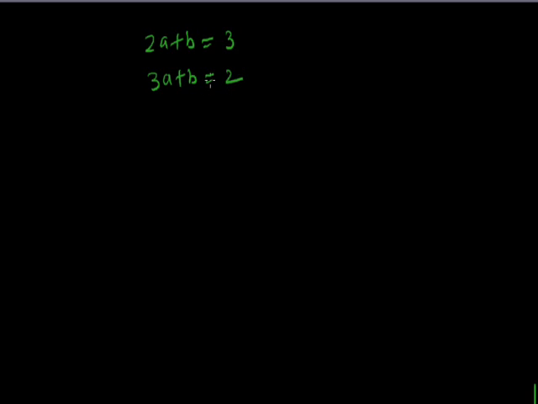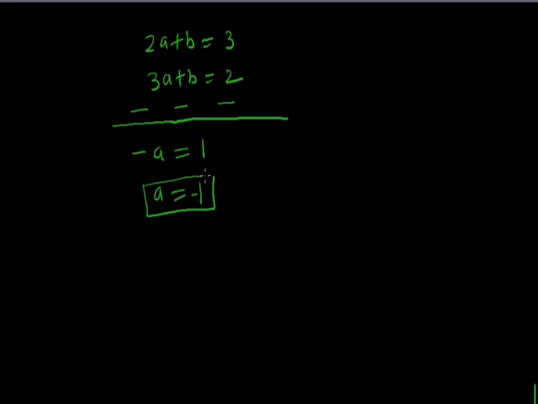Now by using these two equations we have to find the values of a and b, because we have two equations and two variables, so we can easily solve. If I subtract these two equations, the signs will change: this is negative, this is negative, this is negative. So minus a is equal to 1, meaning a is equal to minus 1. So we have found the value of a is equal to minus 1.